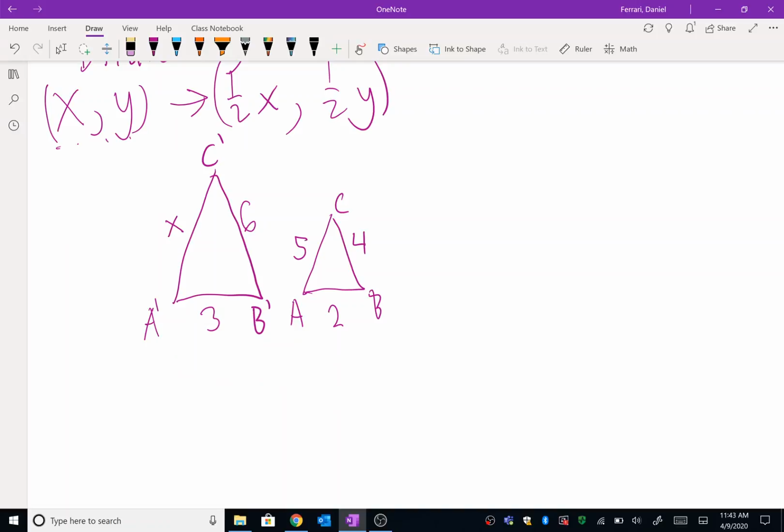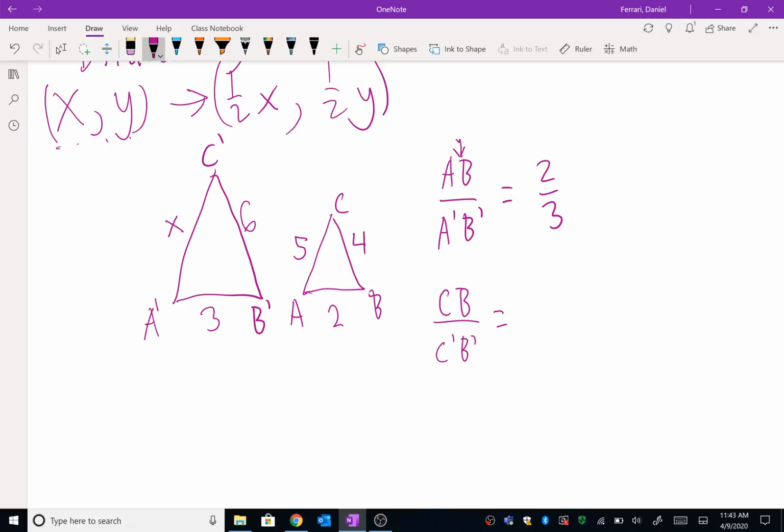All right, so now we can set these up as ratios. I'm going to put the measurements of AB over the measurements of its prime version. In this case, that is 2 over 3. I'm going to leave that as a fraction for now. Now let's look at CB. I'm going to do the exact same process. I'm going to put the measurement for CB on top, just like how I did with AB on top, and then I'm going to put C prime and B prime on the bottom.